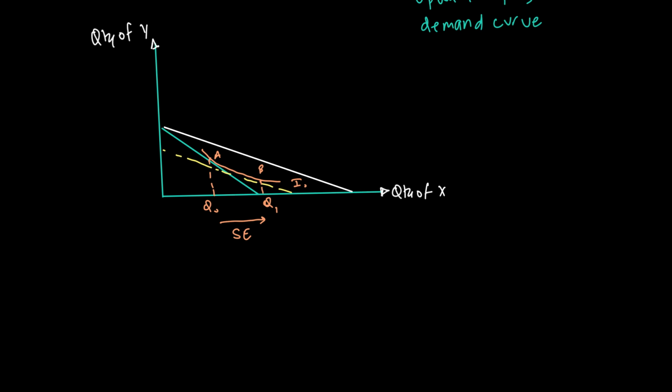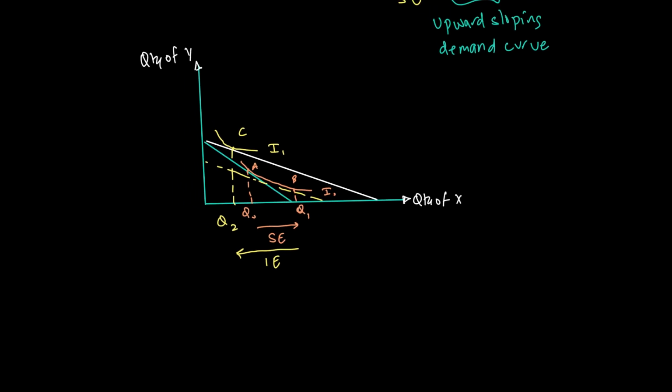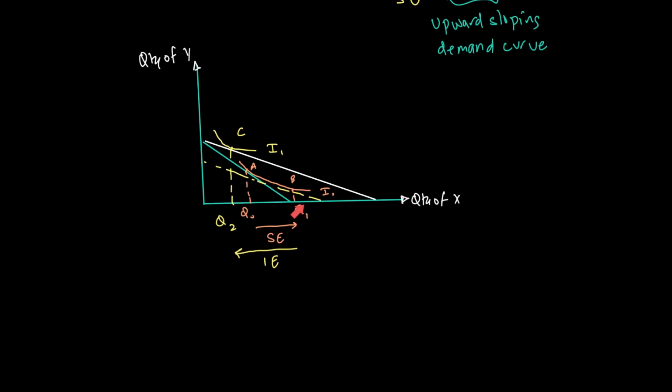So in this case, while point A to B is my substitution effect, which is saying buy more, my point C will now be before my point A, which means my income effect will be so large that it will outweigh my substitution effect, leading me to buy less than I was buying before the price change. So my point C will be before my point A, leading to an upward sloping demand curve, as you can see that I moved from Q0 to Q1, my substitution effect.